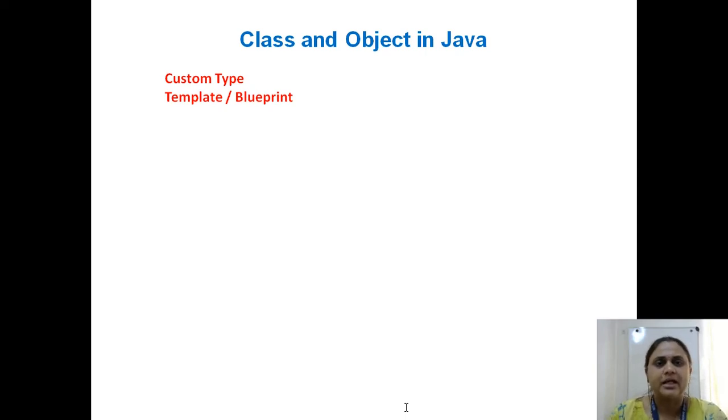Take the example of any book: it will have some price, some author, some publication. So these are all properties of that class, and I will have those properties in terms of variables declared inside my actual coding. How that works we'll see in a later part.